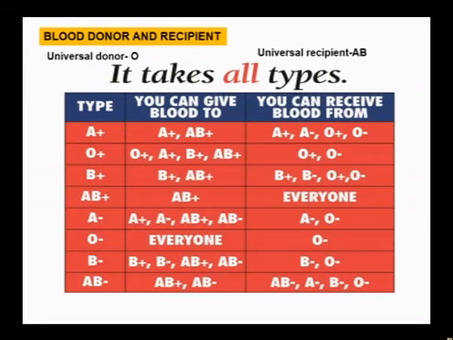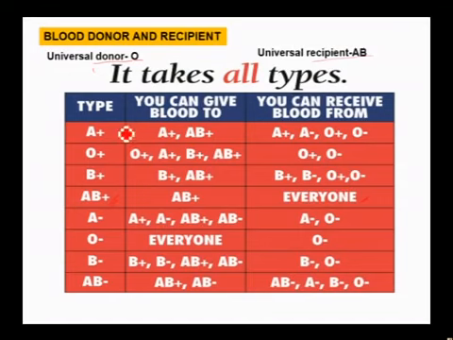This is just who can donate blood to whom, who can be a donor and who can be a recipient. It's just a chart. Have a look at it. We call AB blood group person a universal recipient, O blood group person a universal donor.